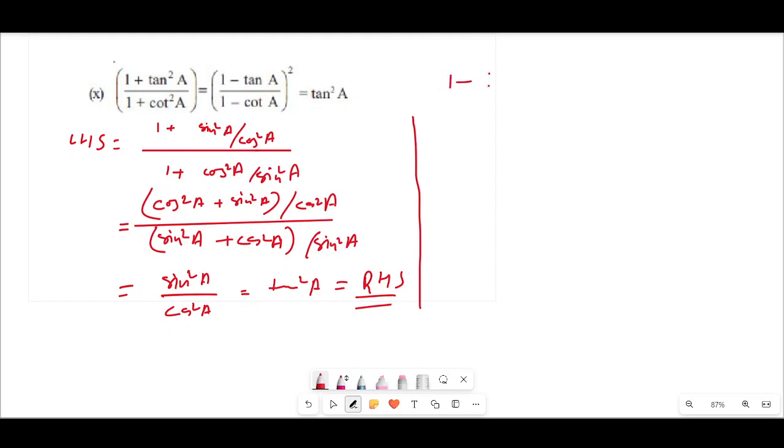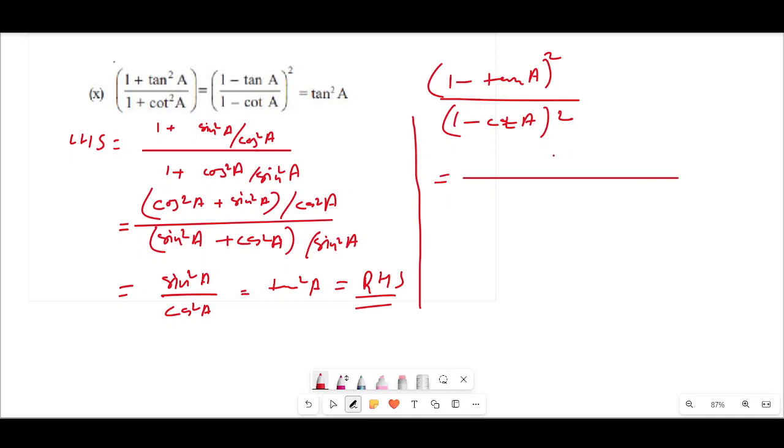Now come to the next part of the question. 1 minus tan A whole square upon 1 minus cot A whole square. Then this will be 1 minus sin A upon cos A whole square, 1 minus cos A upon sin A whole square.